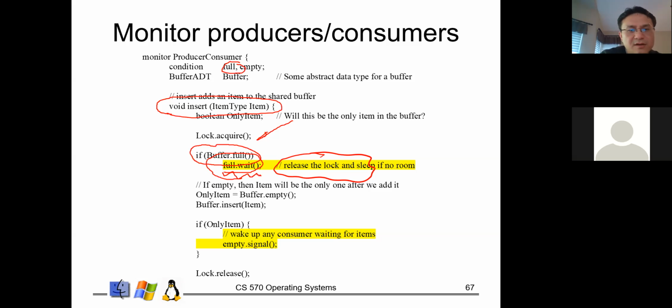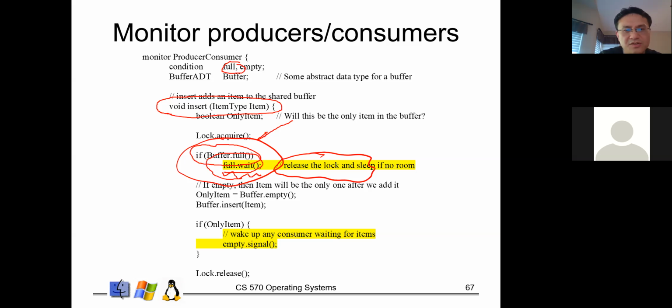So this is how you do it with the condition variable here. And at the end of this insert method, it would check whether, before inserting an item to the buffer, there was no item in the buffer.